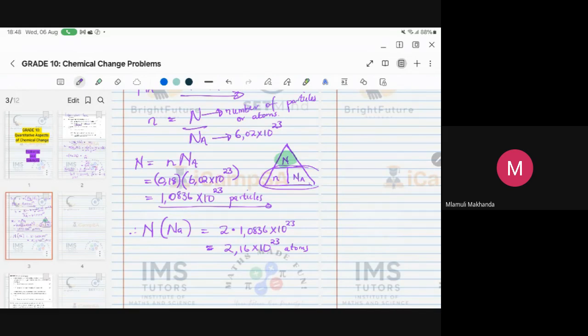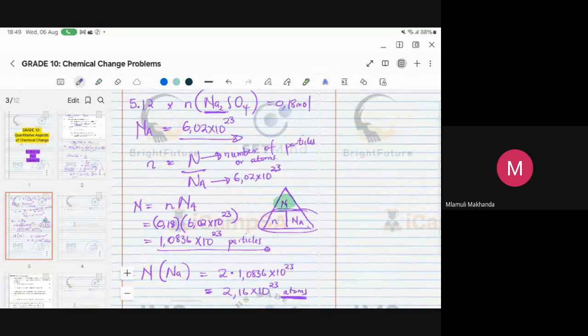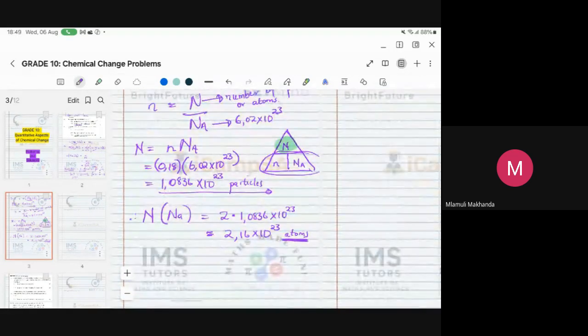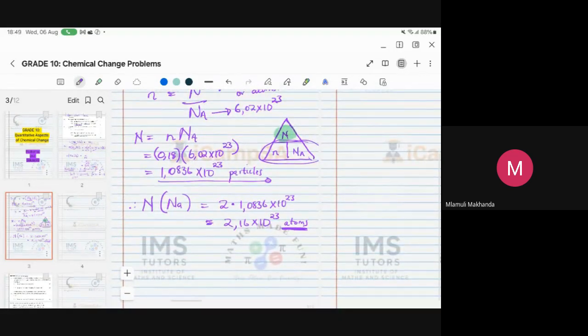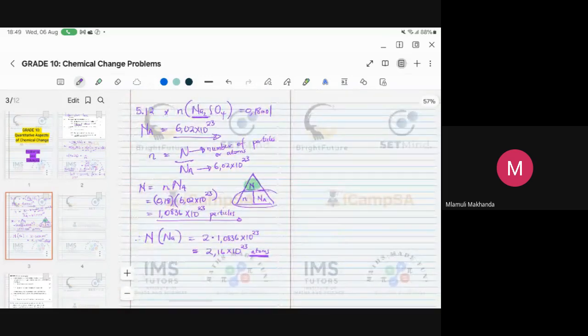If the question was saying the number of particles, you would have written particles here. But since they said the number of atoms, we'll just write atoms here. So this is just a simple count of how many sodium atoms are in a sodium sulfate compound. So that's how you would do a question like this.